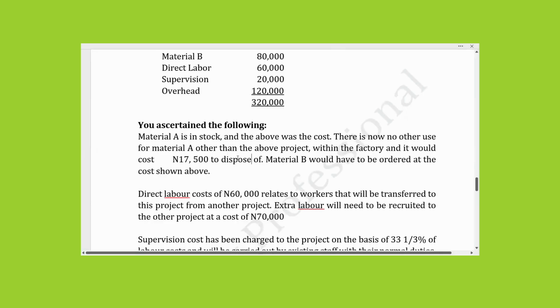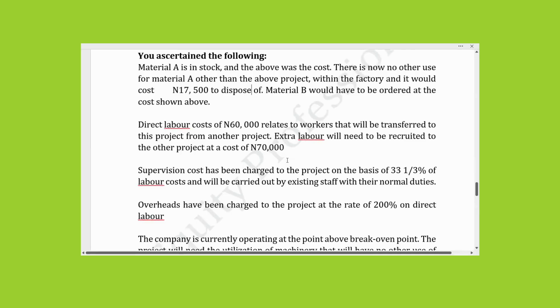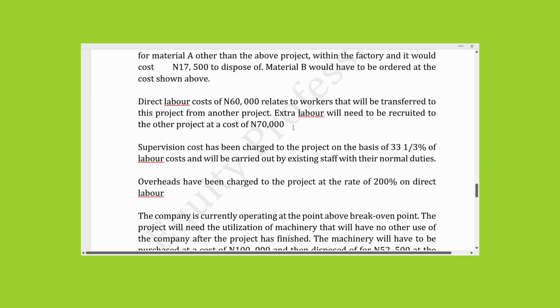Material B would have to be ordered at the cost shown above. Direct labor cost of 60,000 naira relates to workers that will be transferred to this project from another project. Extra labor will need to be recruited to the other project at a cost of 70,000 naira. Supervision cost has been charged to the project on the basis of 1/3 of labor cost, and will be carried out by existing staff with their normal duties.